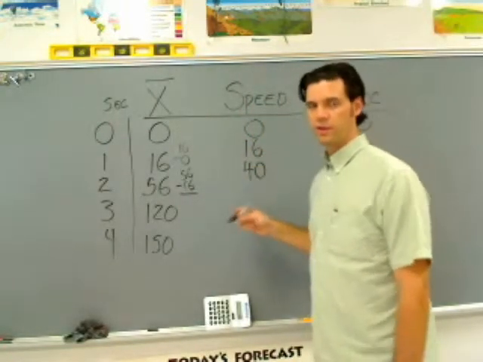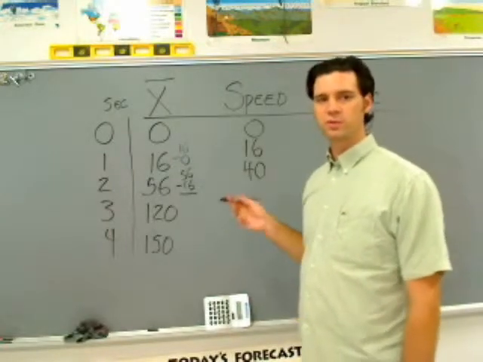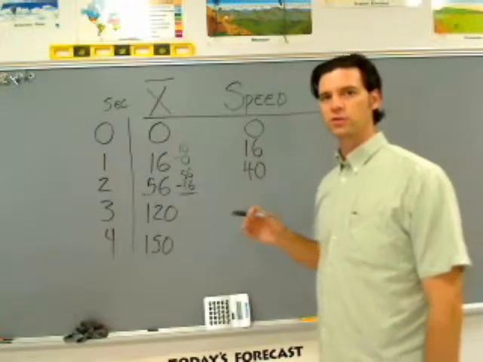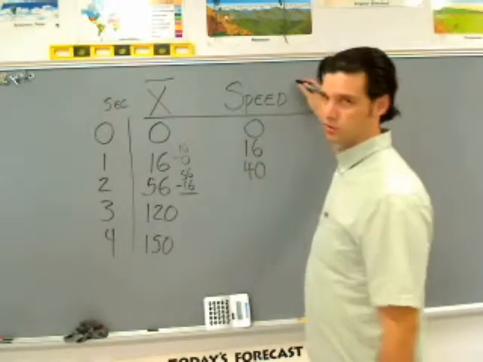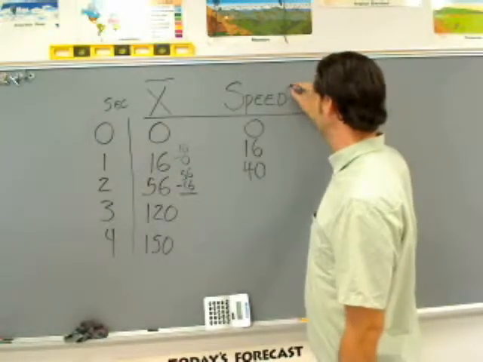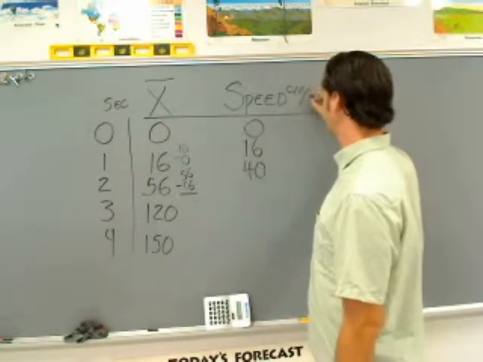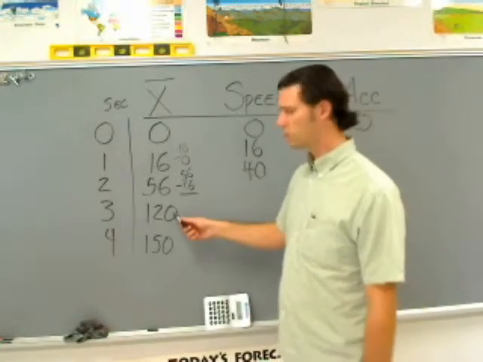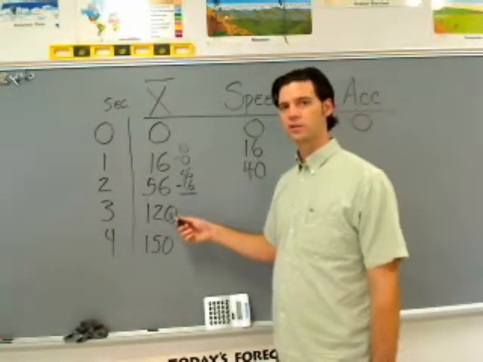That is our speed. One thing to point out here is that speed is always in 2 units. It's always in the amount of time that it took to travel a certain distance. And of course, the distance and the time that we used was centimeters per second. So you can just label that up here, cm per second. Let's go down to the next one. 120 was our final, or our ending speed.